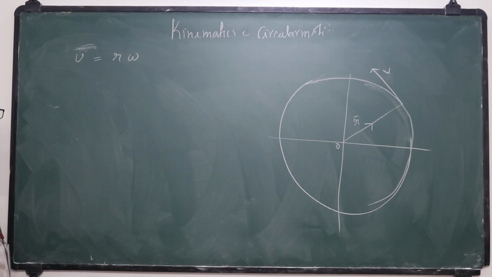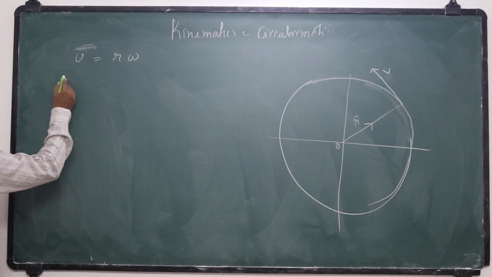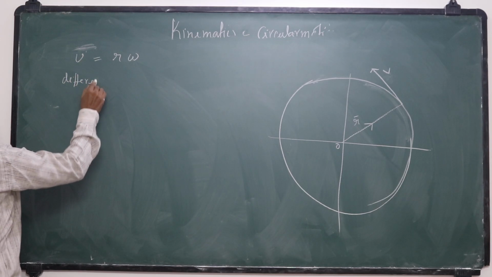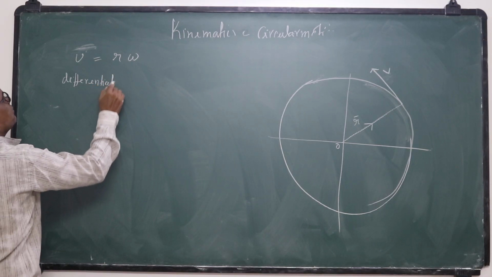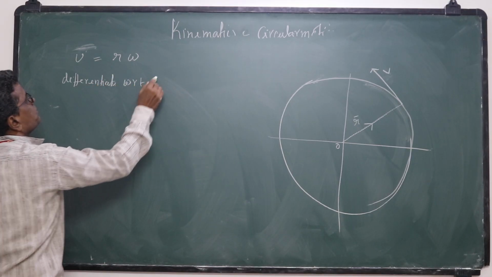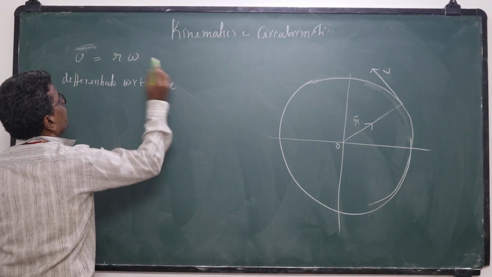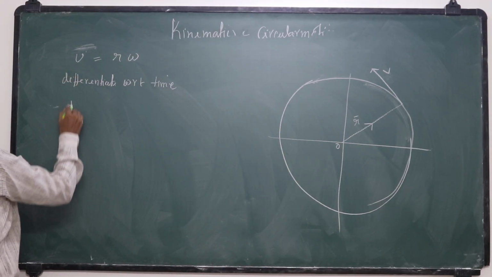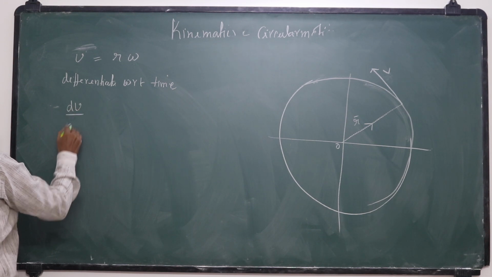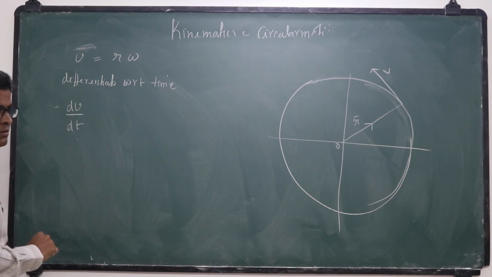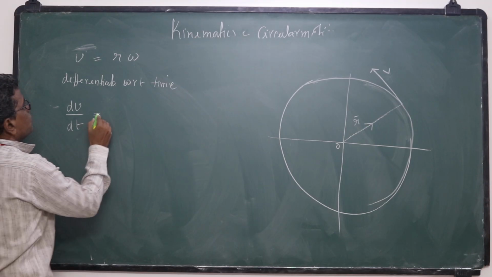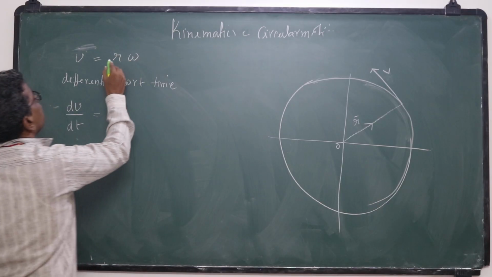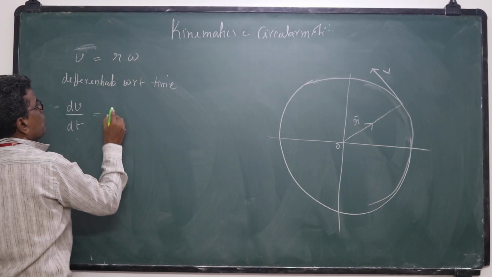Now I am differentiating this with respect to time. So what will you get? dV by dt is equal to the derivative of R omega.